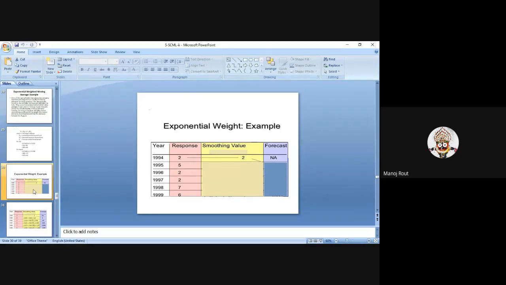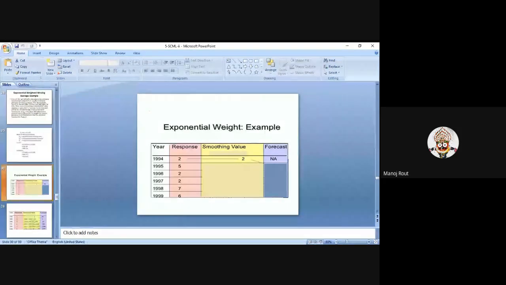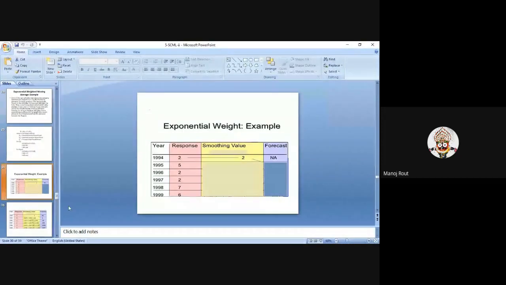Just note down this value. And this is considered for assignment. Clear? This is given as an assignment for your next class.